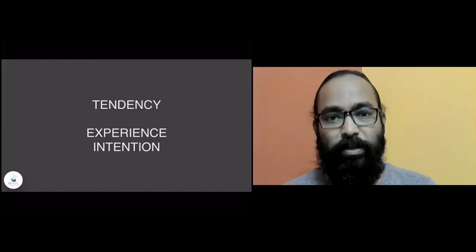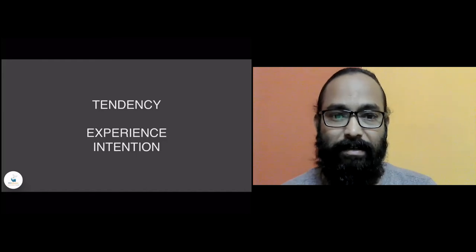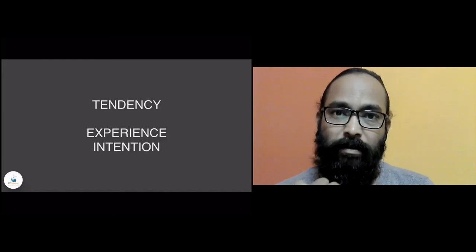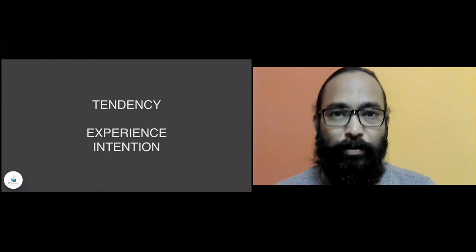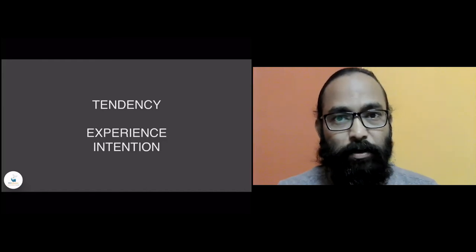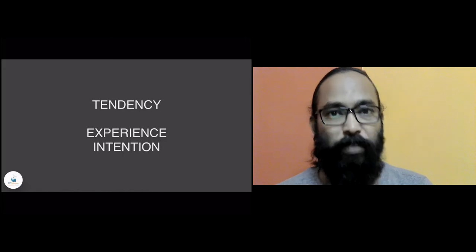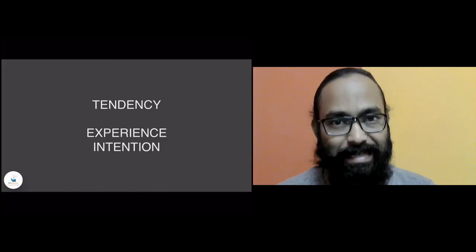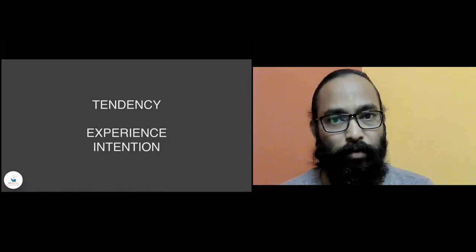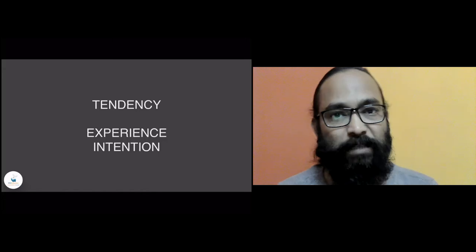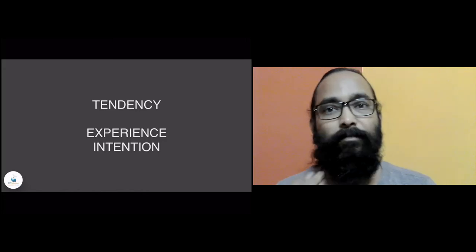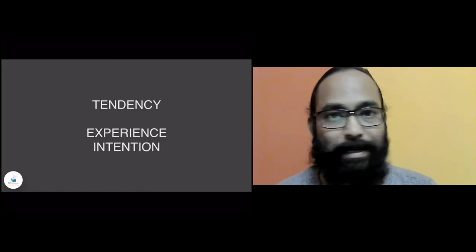Neural motive is intention, and this intention is produced within an organism through the experience of tendencies. The way we experience tendencies around us, we gather that experience and develop our intention.